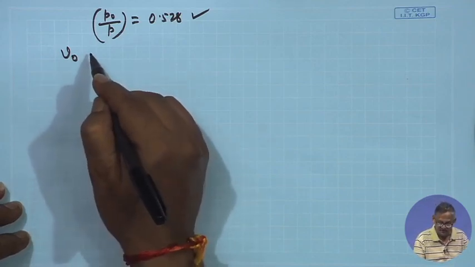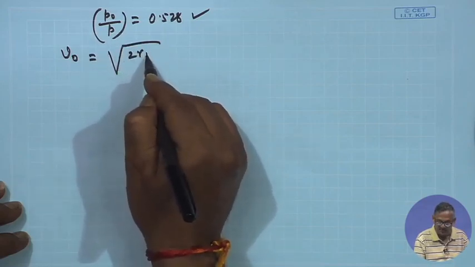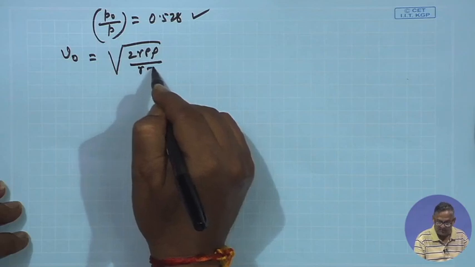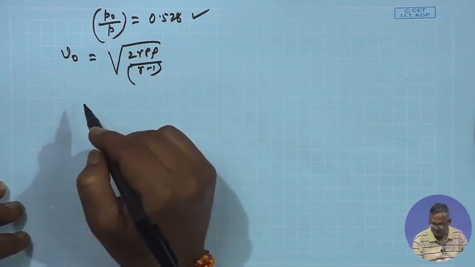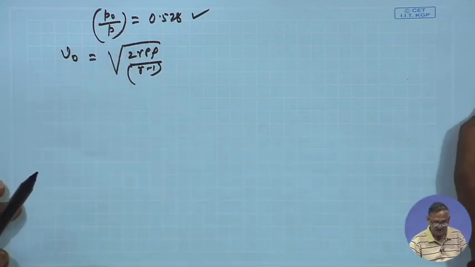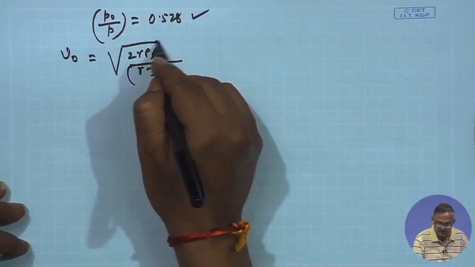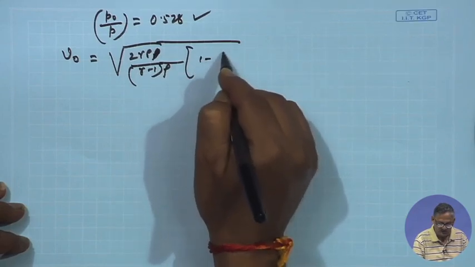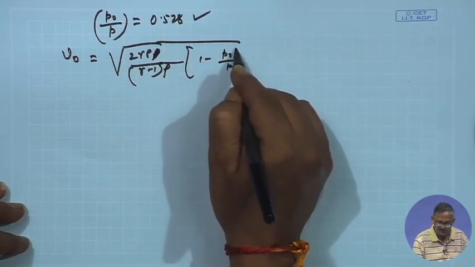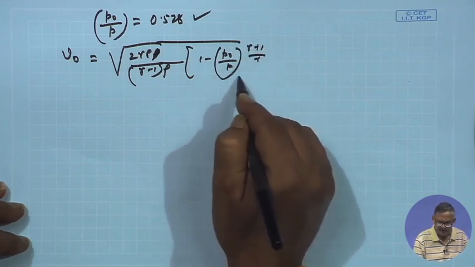So we have seen that V0 was under root 2 gamma P by rho by gamma minus 1, into 1 minus P0 by P to the power gamma minus 1 by gamma under critical.